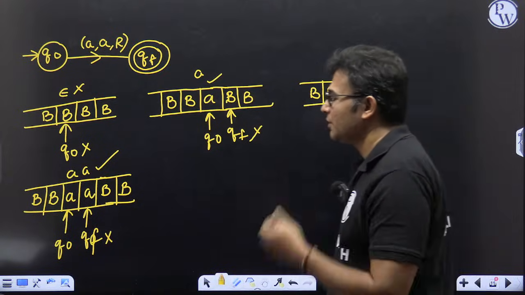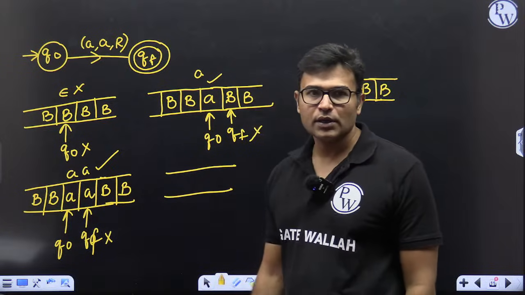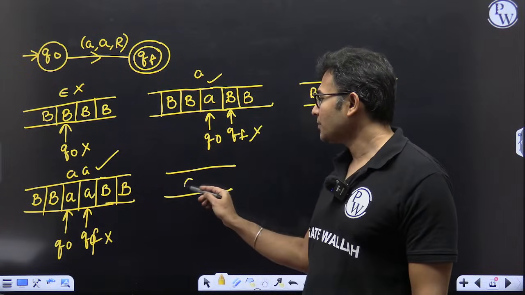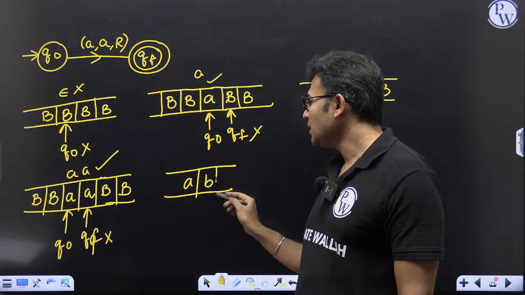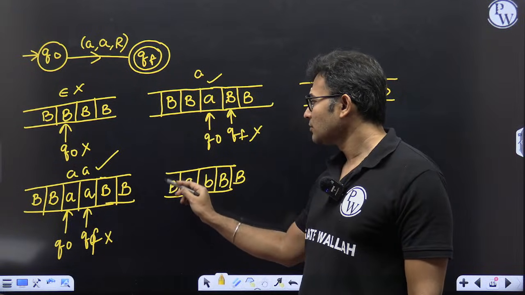Now if you take AB, what happens? A, B, blank, blank.